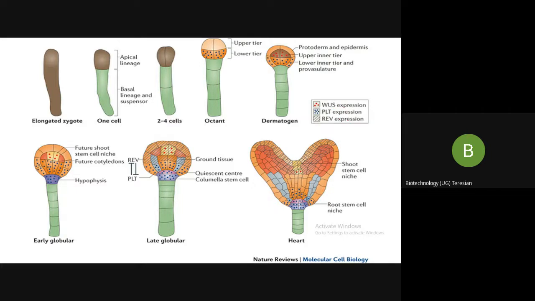And look at this embryo which is in the heart shape. You can see the shoot and you can see the root stem cells. I told you, the cotyledons keep on dividing during your heart shape, and finally in the cotyledonary stage we can clearly see the shoot and the root stem development.